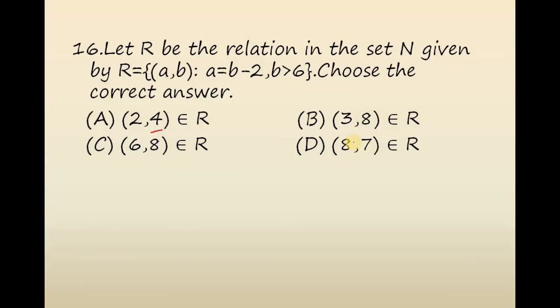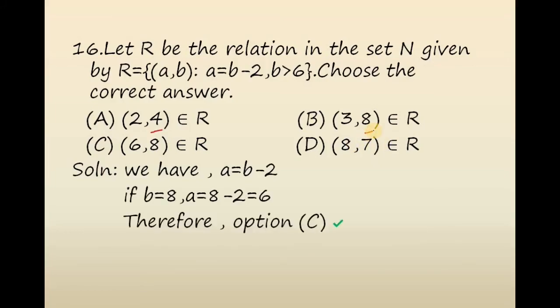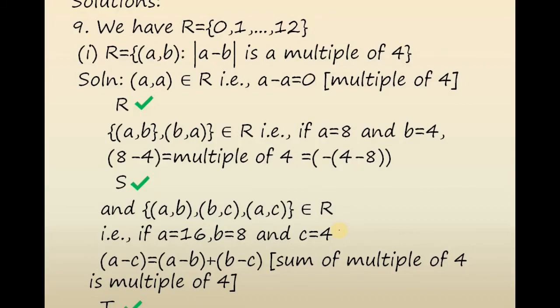Let's substitute and check. If you substitute b as 8, 8 minus 2 will be 6, which is option C. We don't get 3, but here b is 8 and a is 6, which is the right option. So C is the right option. So here are the solutions.